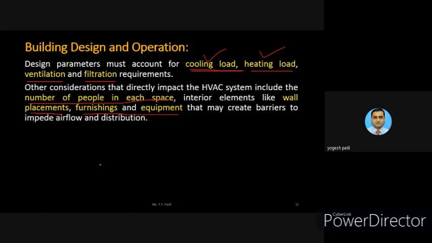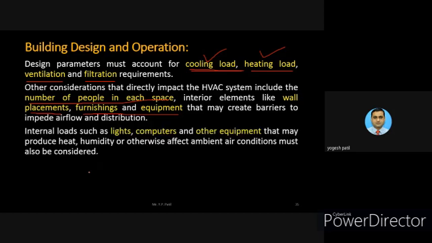Because in a control room, a computer room, or a battery room, we know that proper cooling is essential, and by maintaining such cooling, we need to consider the type of equipment there. All these things create barriers that impede airflow and distribution. That's why it is very essential to consider these things in building design and operation.